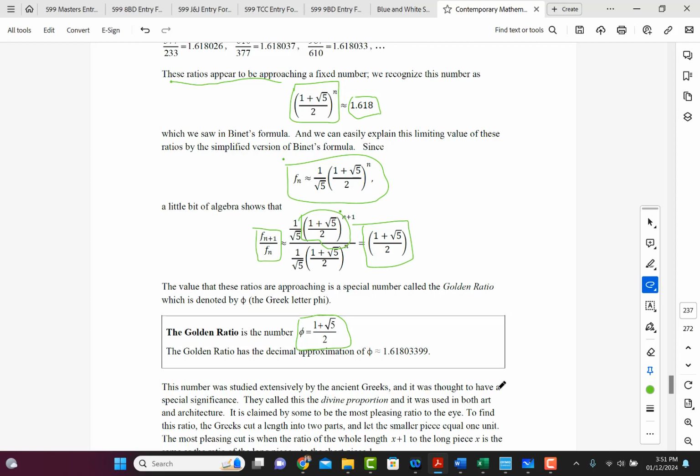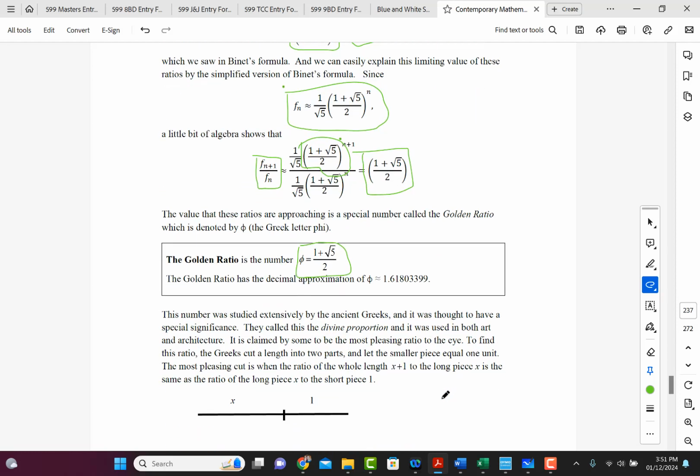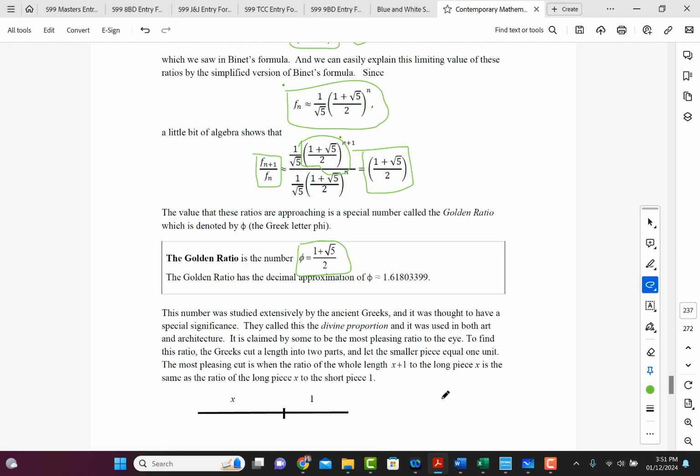It goes on, but that's the approximation. This number was studied extensively by the ancient Greeks, and it was thought to have a special significance. They called this the divine proportion, and it was used in both art and architecture. It is claimed by some to be the most pleasing ratio to the eye.